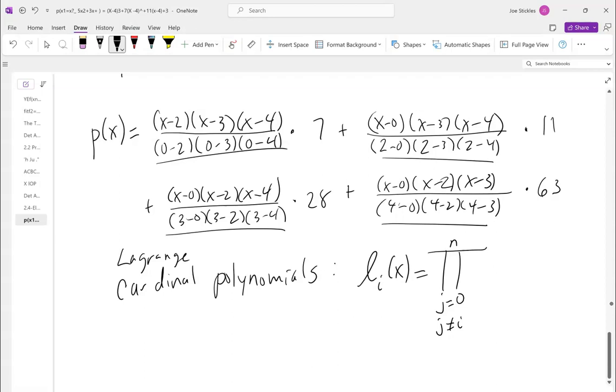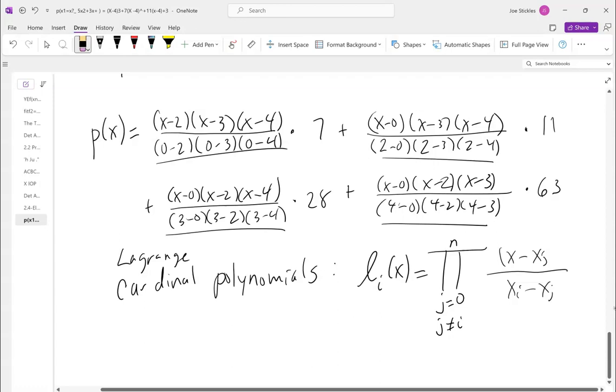Okay. And then the product we do is on top, we take your x minus x sub j, and on bottom, you do x sub i minus x sub j. I'm going to take those parentheses off, as a matter of fact, because I don't like it. These are your coefficients, right? Those are the coefficients we created.